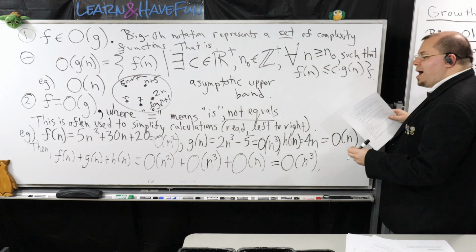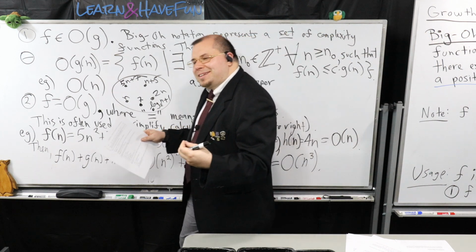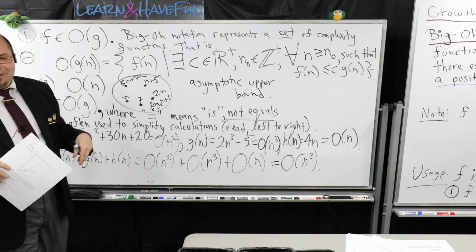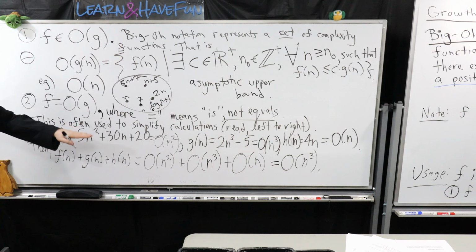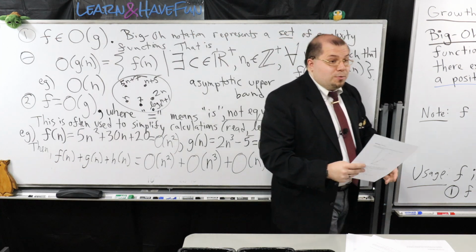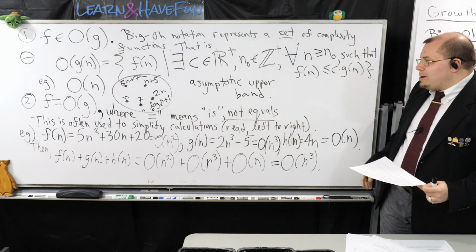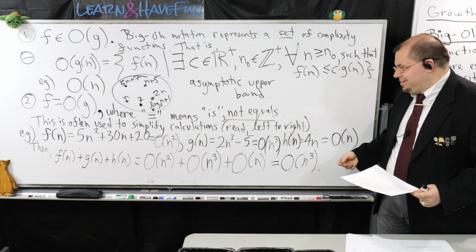Do you see how when I do this, I am technically using it in a way to simplify my calculation? I know f is big O of n squared, so I just replace that with big O of n squared, which represents the number of operations for f, the complexity function for some algorithm, possibly. But at this stage, I'm just talking about functions.